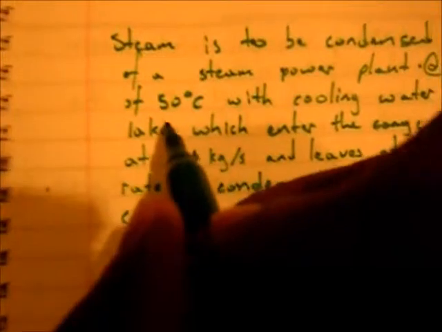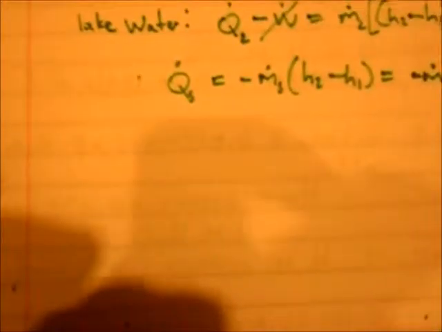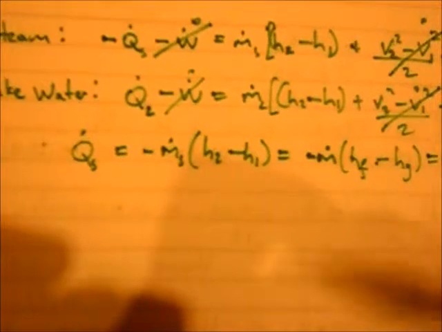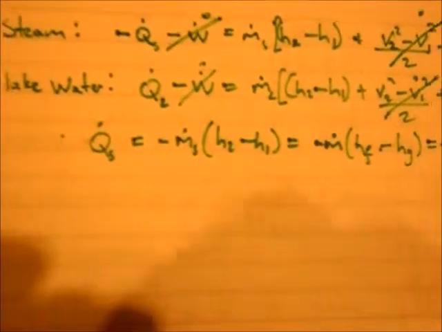The reason for this is that phase change occurs at constant temperature, and as it says in the question, this takes place at 50 degrees Celsius, and the steam entering must be saturated vapor for condensation to take place.